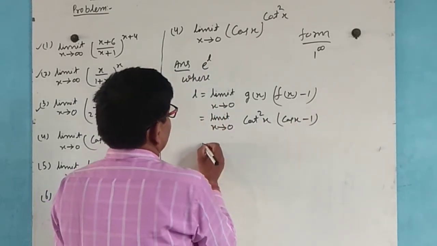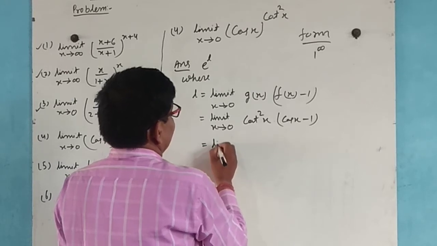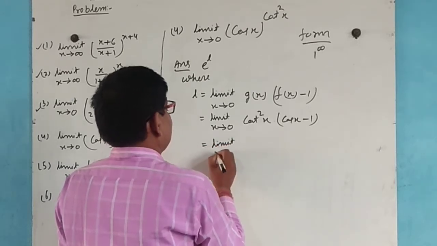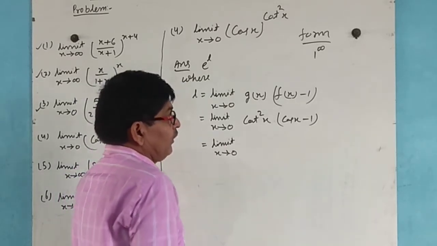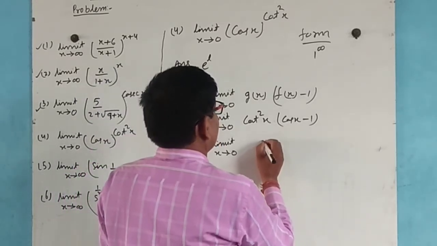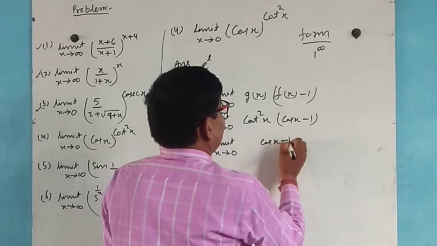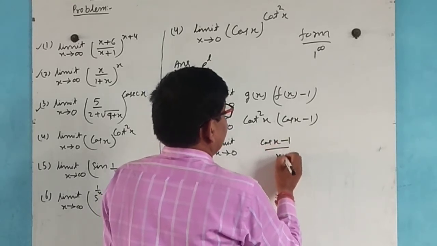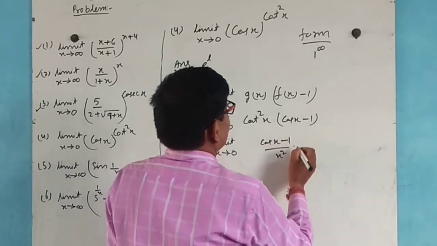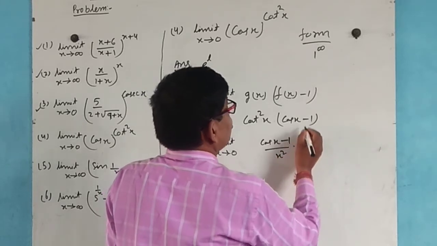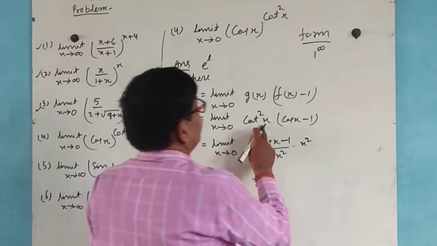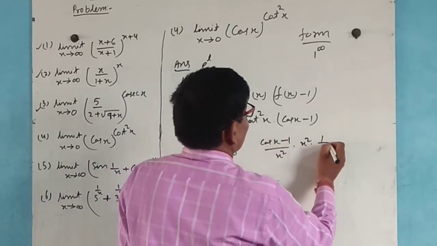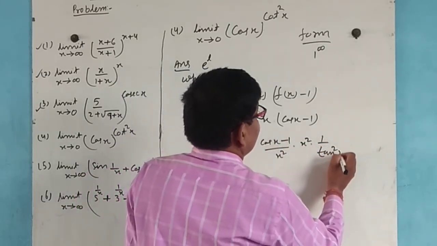We arrange this limit x tends to 0. Here cos x minus 1 divided by x square into x square here, and this can be written as 1 by tan square x.